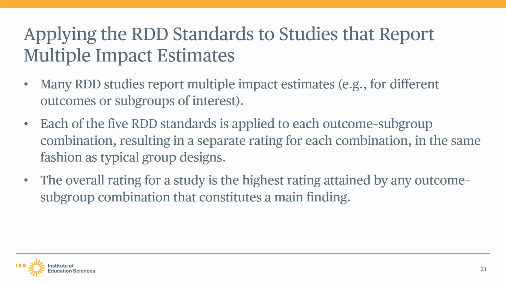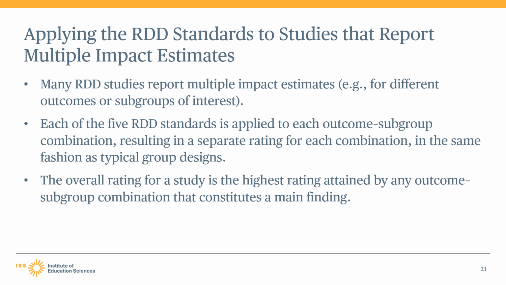The overall rating for a study then will be the highest rating attained by any outcome subgroup combination that constitutes a main finding. This is identical to how the WWC assigns ratings for randomized controlled trials and quasi-experimental designs.